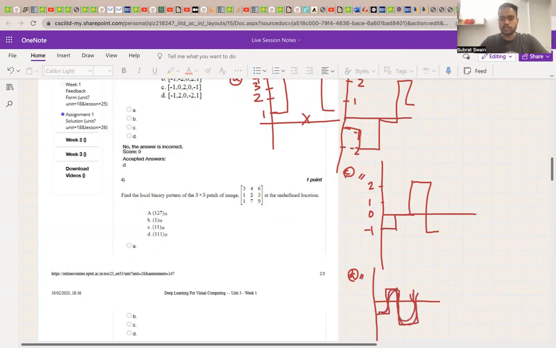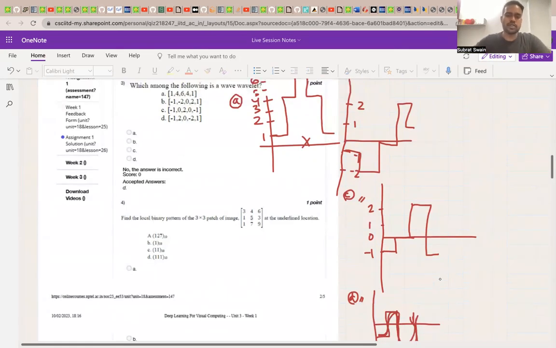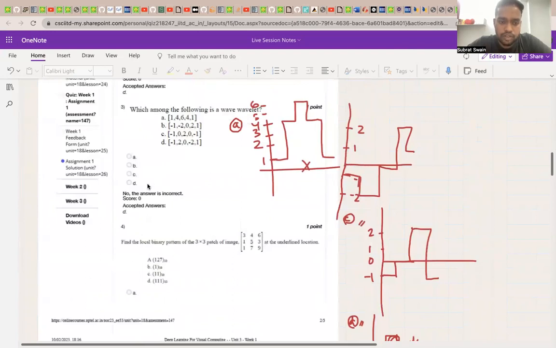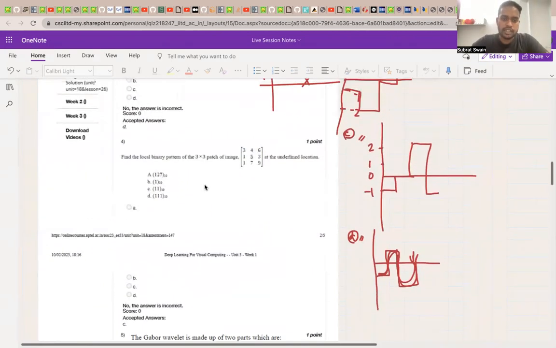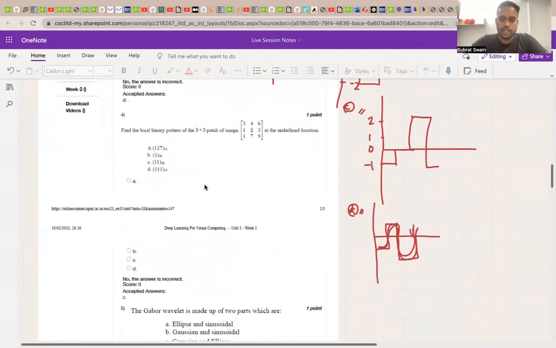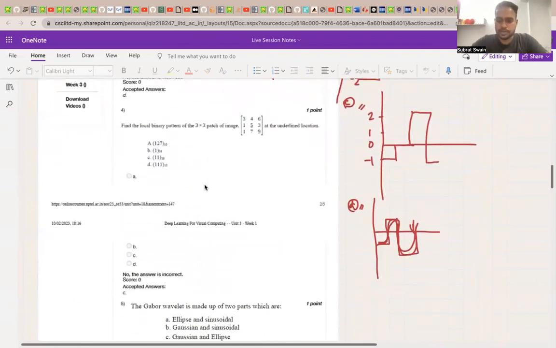So that's why option D, -1, 2, 0, -2, 1, imitates the wavelet, and option D is the answer. All these assignments that we're solving were from week 1 actually. Since the assignment has been released, we are solving it in the class.